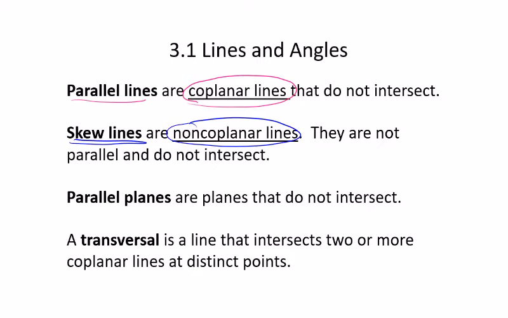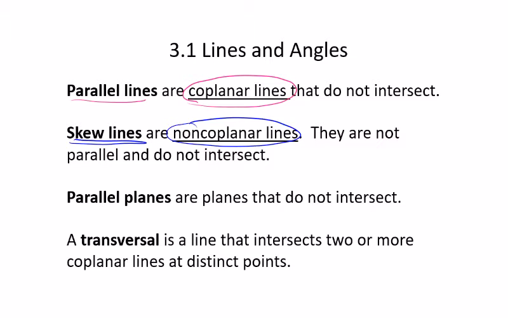In other words, they're not parallel. They also do not cross, because they're at different altitudes. So those would be skew lines.